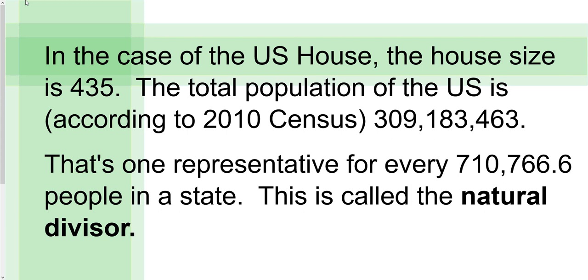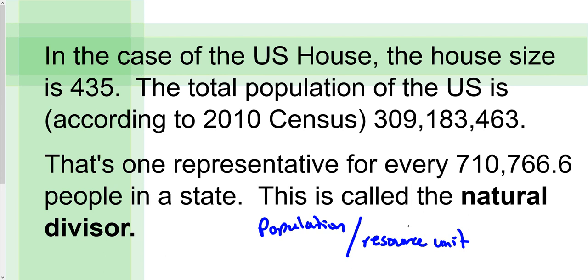Whenever we build this out, the unit of measurement is in terms of population per resource unit. And in this case, the resource unit is a representative, but it could literally be anything. It could be pallets of food.